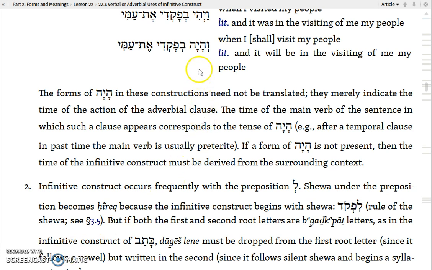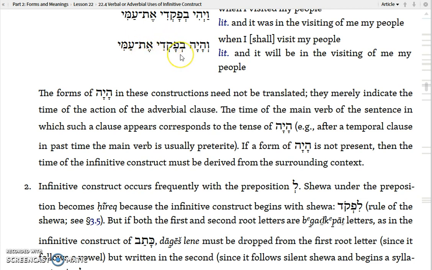By the way, he doesn't say that in the next clause you'd start with another vav, and if you translate it, and it will come to pass when I visit my people, the next vav would have to be translated that way too. But if you don't translate it at all, when I visited my people, then you would also not translate the next vav in the clause that follows.